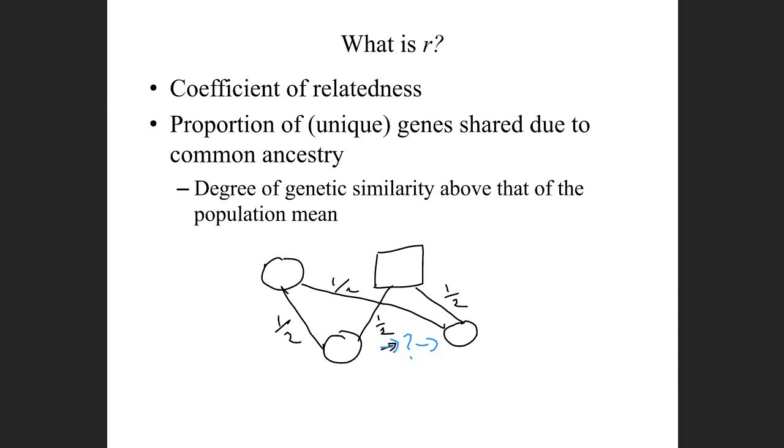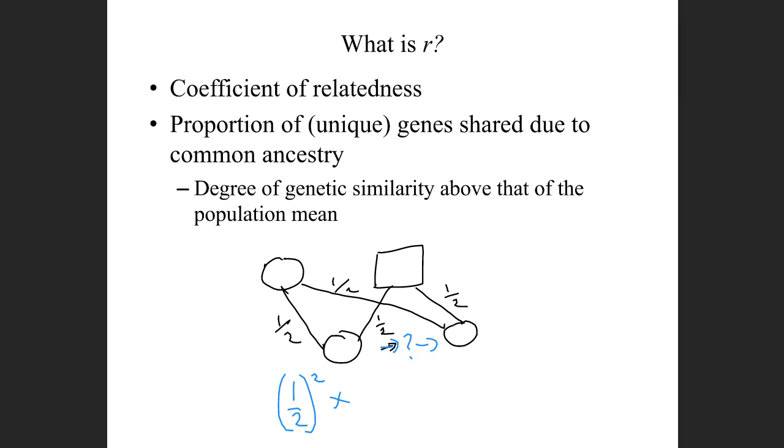And then what are the odds that your sister shares the same gene through mom? Well, half of the time it'll be the same when you go from mom to her daughter and to her other daughter. So you share a quarter of your genes through mom, so it's 1/2 squared, plus a quarter of your genes through dad.